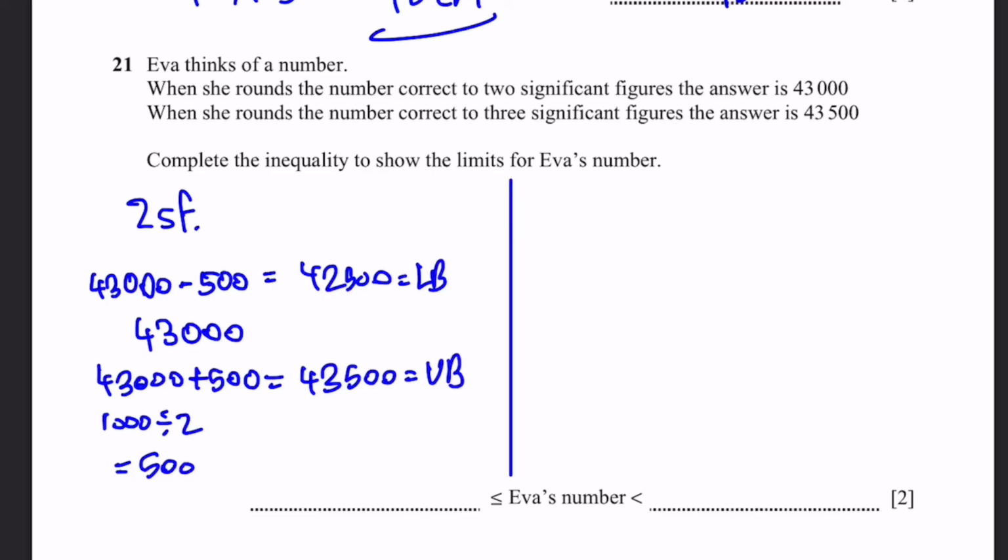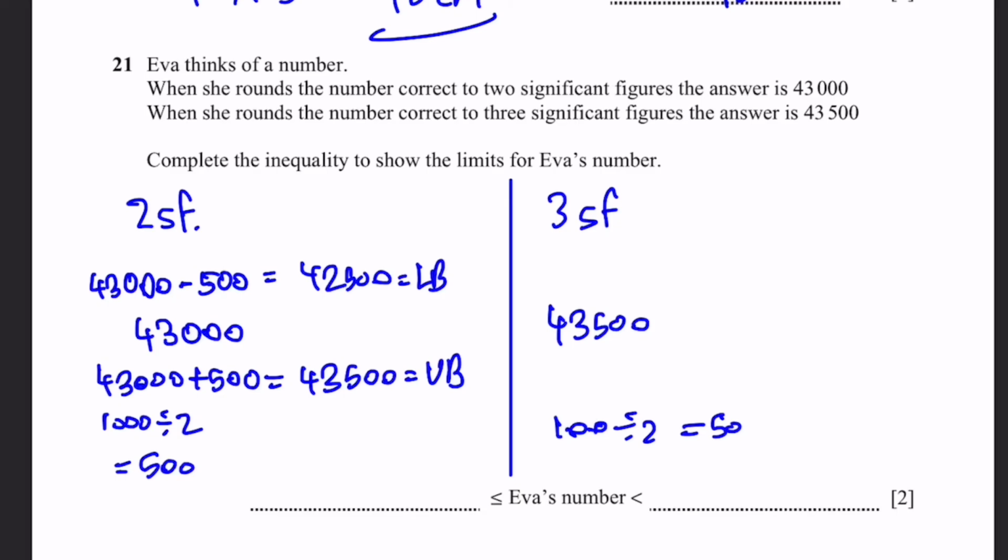Now we can use the same method to find for 3 significant figures. The answer is 43,500. So for 43,500, the third significant figure is the 5 here, which is in the hundreds place. So we can do 100 divided by 2, which is equal to 50.